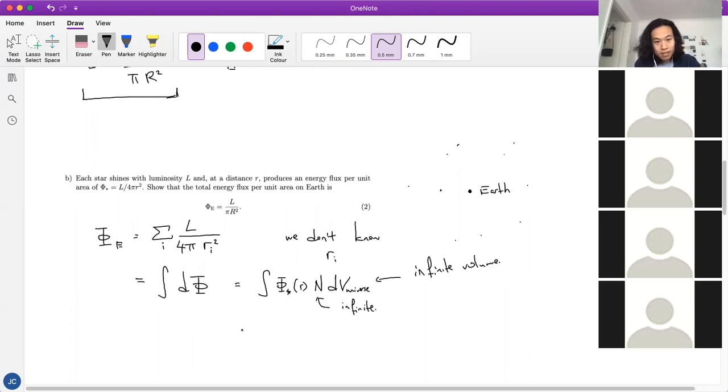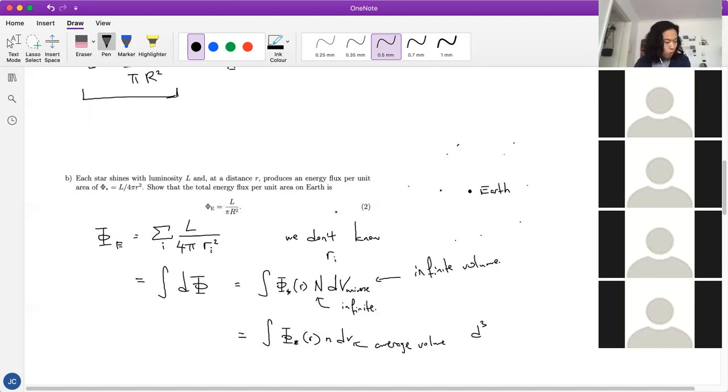So we can rewrite this density as the same contribution per star, but rather than over the entire universe, I'm going to go through the number density over the finite average volume. The average volume is given by d cubed, with d given by the previous one.